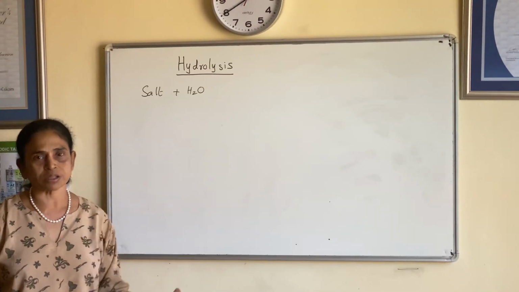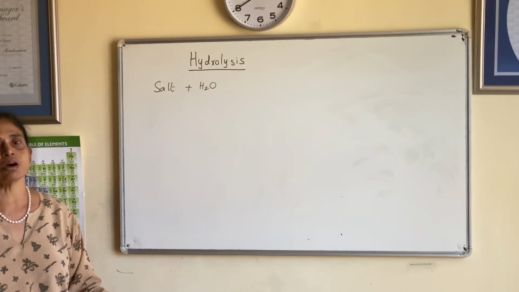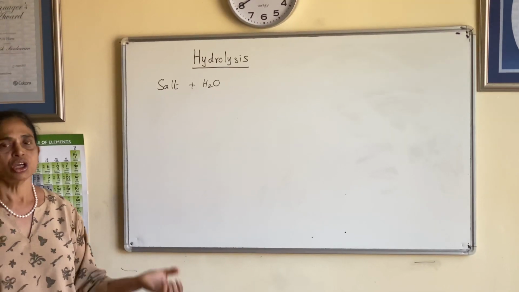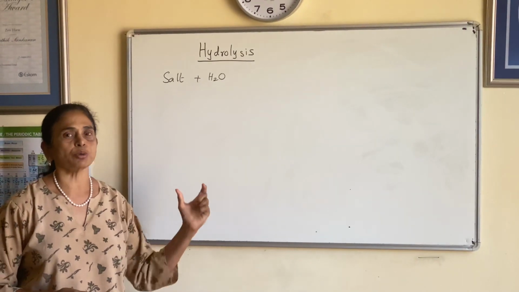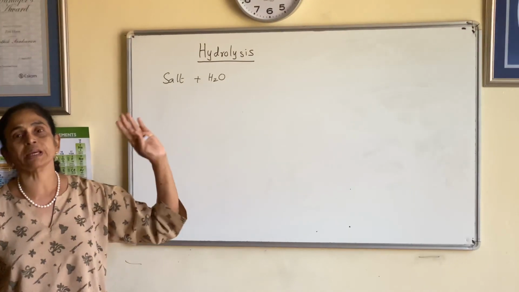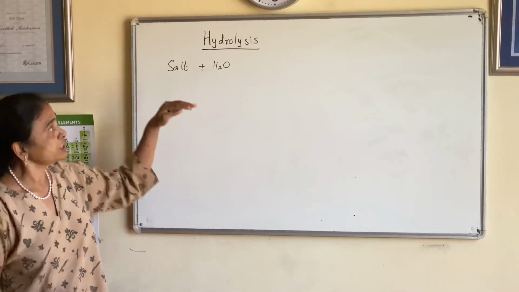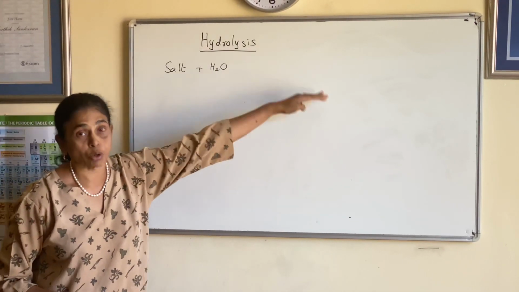It can be oxide, carbonate, hydrogen carbonate, or hydroxide. If you have hydrogen carbonate and carbonate, your product will include carbon dioxide. In all these four cases, you will get salt. Now, if you take the salt and add water, you will get products.